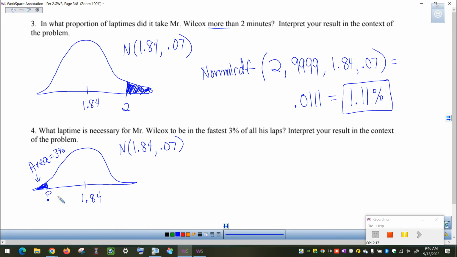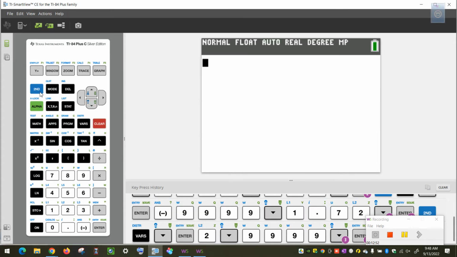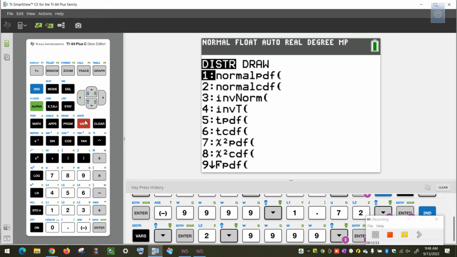Okay, so there is a way that our calculator can help us work backwards, but it's a different calculator command. So we're not going to be using normal CDF. Instead, we are still going to go to our second VARS menu. I'm just going to put the buttons there for that. Let's take a look at our menu options.